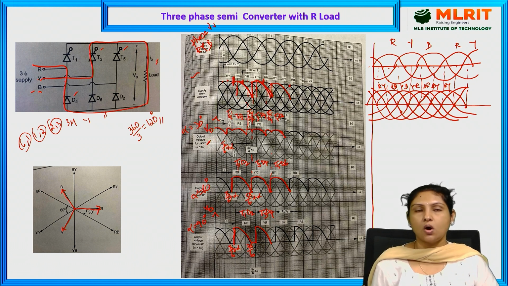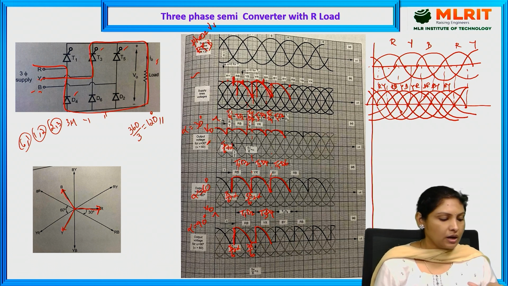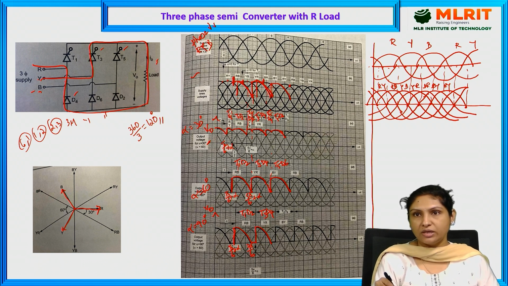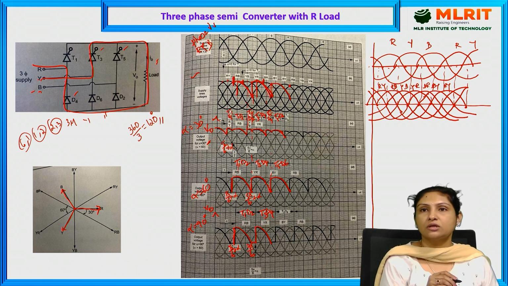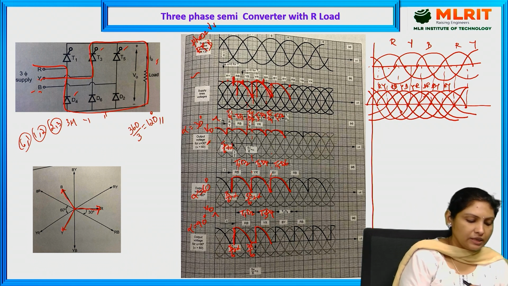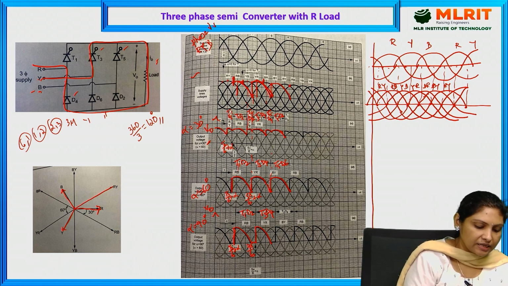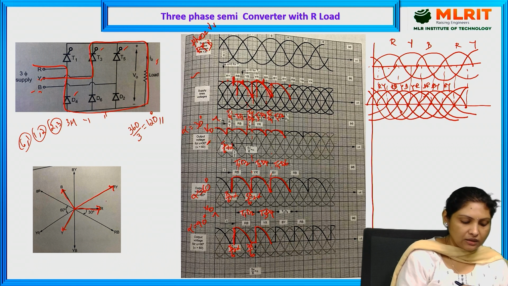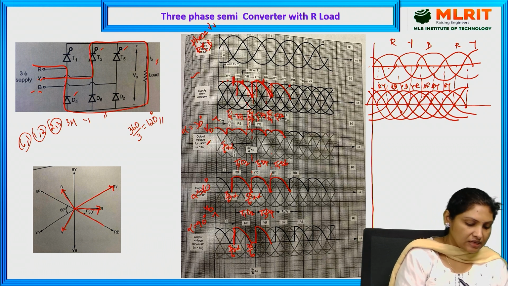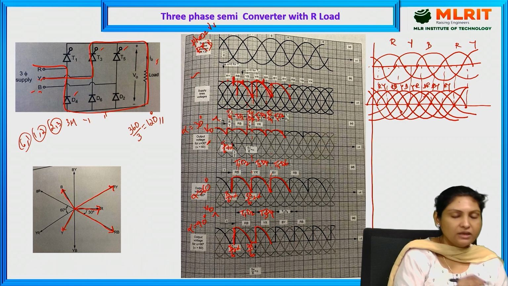So this is all about the semi-converter. And I have explained how to draw these line voltages. Similarly, let us draw the phasor diagram for these particular line voltages. If you see here, RY phase is leading R phase by 30 degrees, and RB phase is lagging behind R phase by 30 degrees.